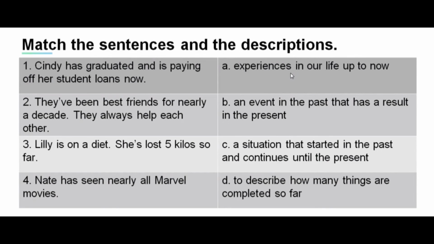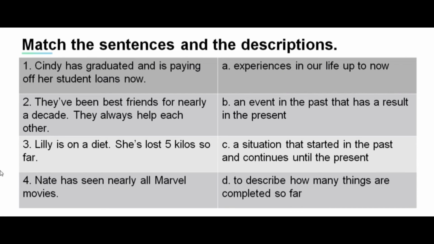Match the sentences below and the descriptions. 1. Cindy has graduated and is paying off her student loans now. 2. They've been best friends for nearly a decade. They always help each other. 3. Lily is on a diet. She's lost 5 kilos so far. 4.